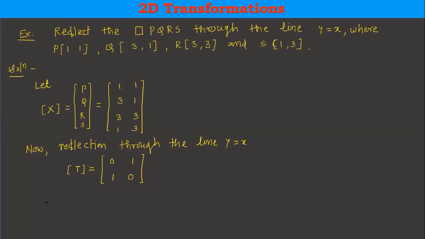So we apply T on X. The formula is X star is equal to X into T. That is our formula, right? We already know X and T. We have the matrix X and matrix T also. So write these two matrices one by one.